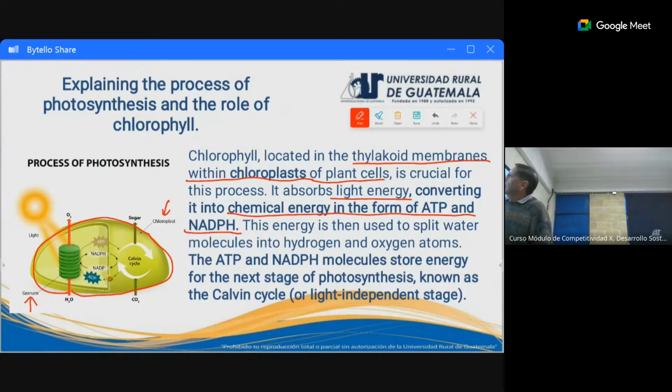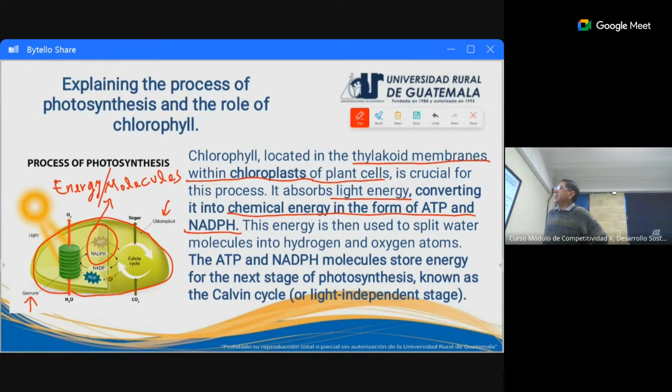They are molecules. I mean energy molecules. These molecules are able to store energy.